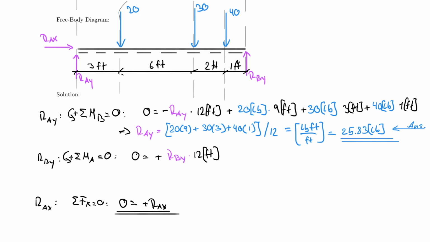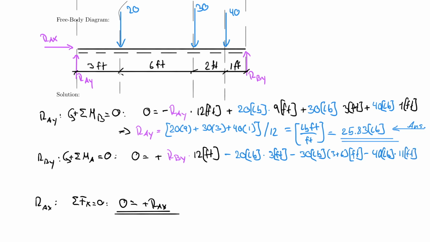And now minus, let's start from the left again, minus 20 pounds multiplied by 3 feet minus 30 pounds. And just for those who are puzzled, let's just write it as 3 plus 6 feet. And last but not least, minus 40 pounds multiplied by 12 minus 1, if you will, or 3 plus 6 plus 2, which is really 11 feet, right?